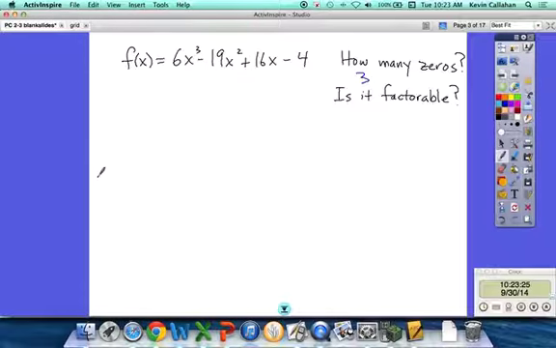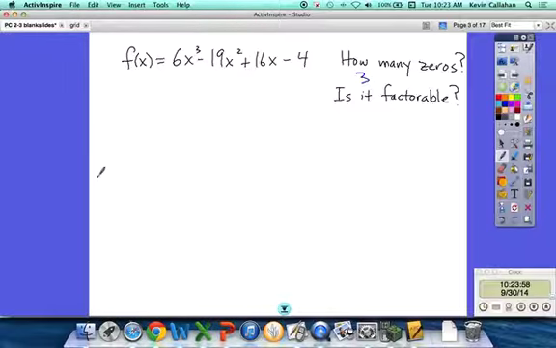Put that in the calculator and see if you can find a 0. Yeah, 2.